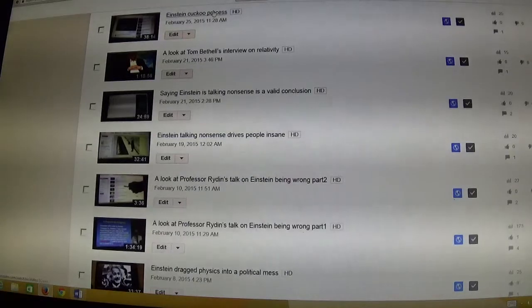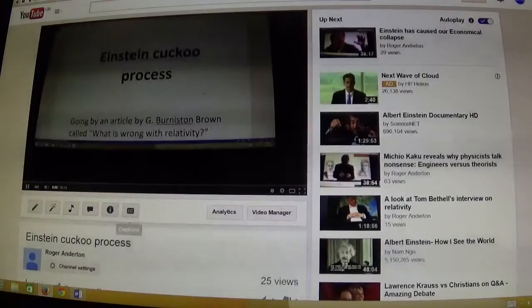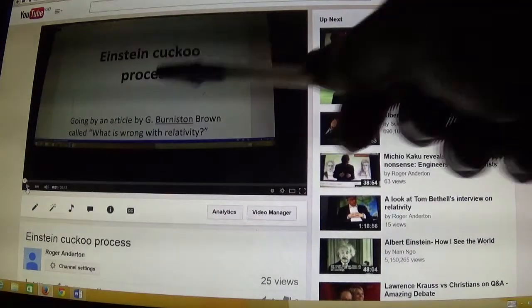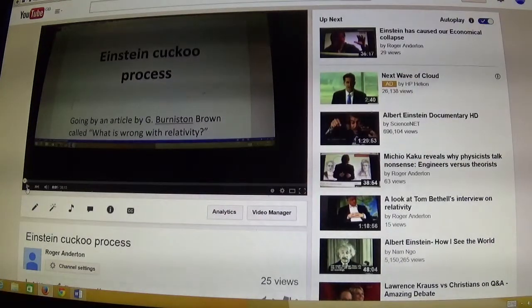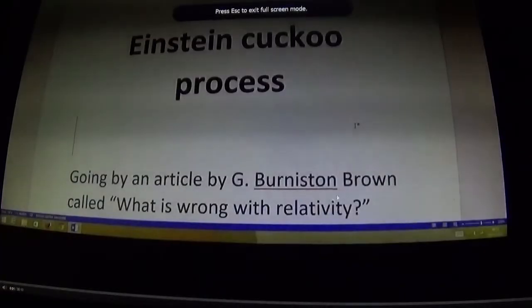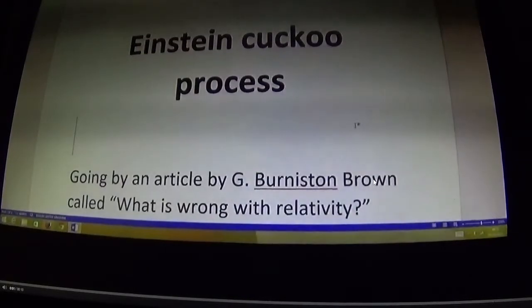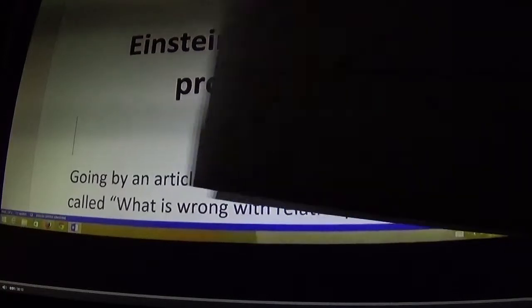When people try to look at Einstein, this is a sample here of G. Bernstein Brown. When you look at Einstein and you know a bit of maths and you're saying what's going on here, what Einstein does is just goes cuckoo on you. That's basically what's going on.